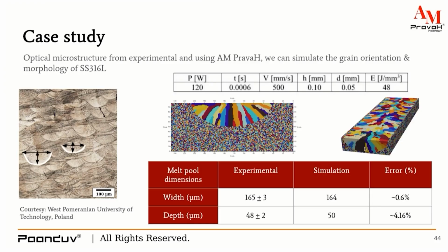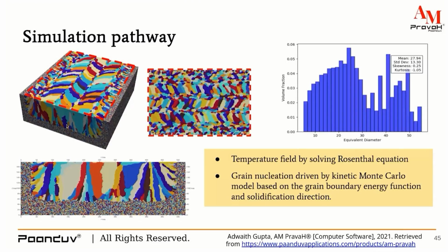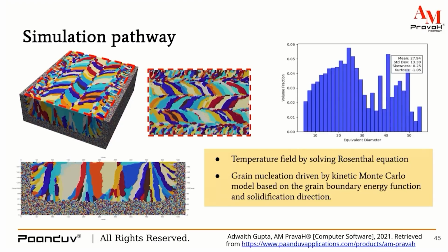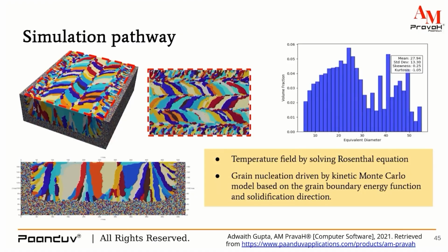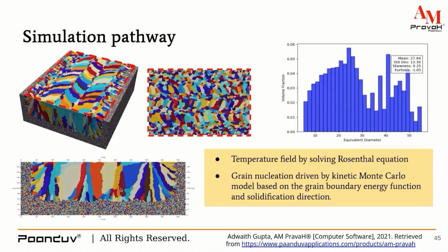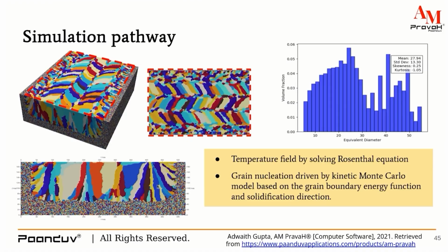It can save a lot of experimental trials and characterization, and it is emerging as a digital twin for the additive manufacturing process, because we are covering the end-to-end metal AM evolution process, starting from metal powder building all the way to part scale. Thank you.